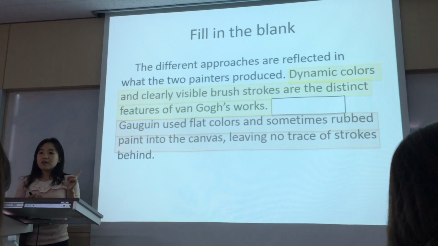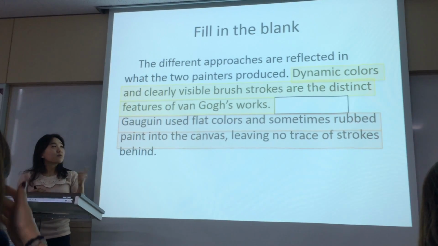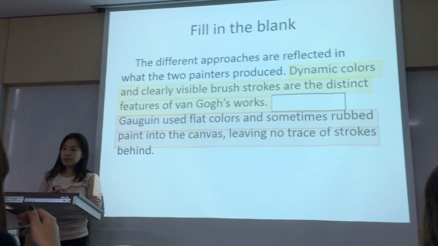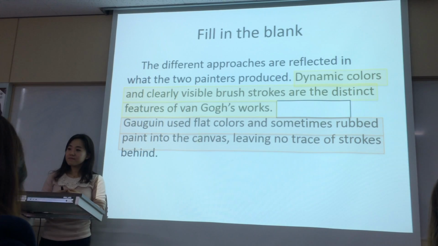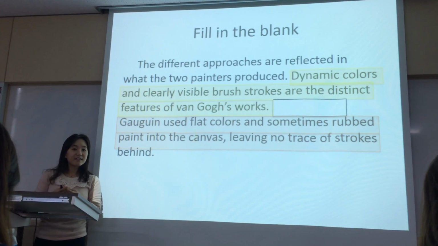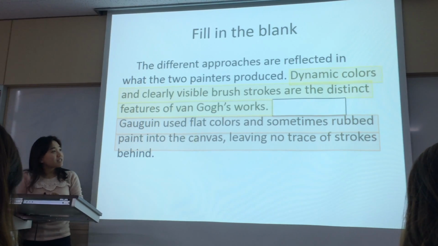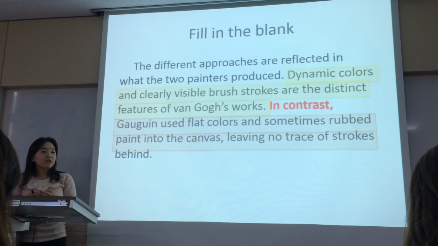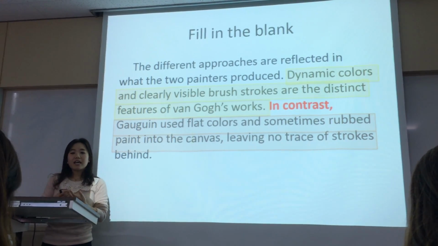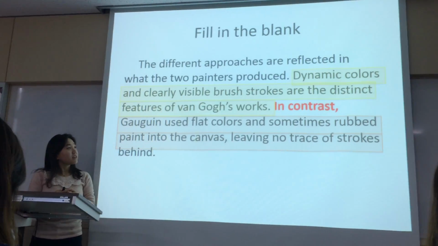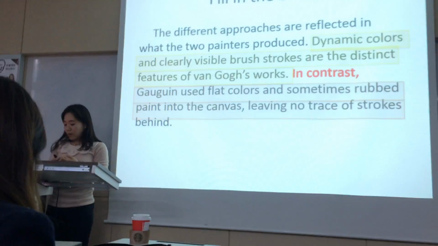But there is one more word which can come in that box. Does anybody know? Sujin? Right. In contrast. As you both said, in contrast or however, they connect two different ideas or opposite items together. Let's practice one more thing.